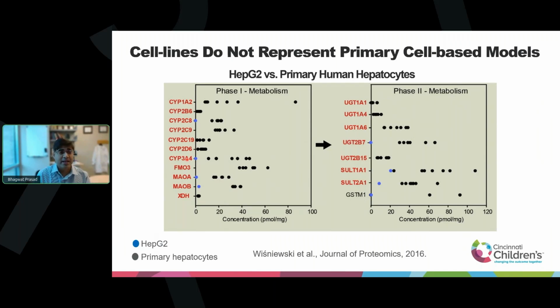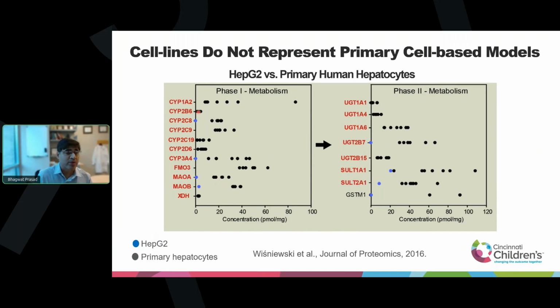And at that time, if we don't understand that the drug metabolizing enzyme levels are extremely low or almost insignificant in this model, we would be using it without knowing the consequences, particularly when it comes to tox studies. If drug metabolism is not present, the intracellular concentration of drug or toxicant would be very different, which can lead to misinterpretation of data.